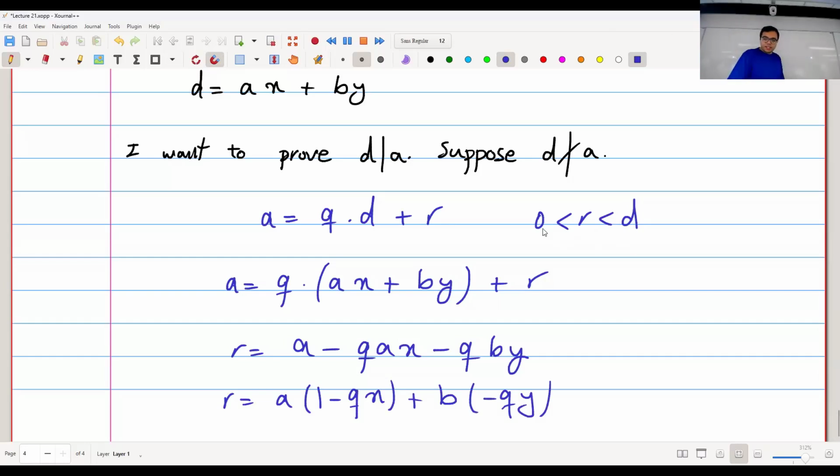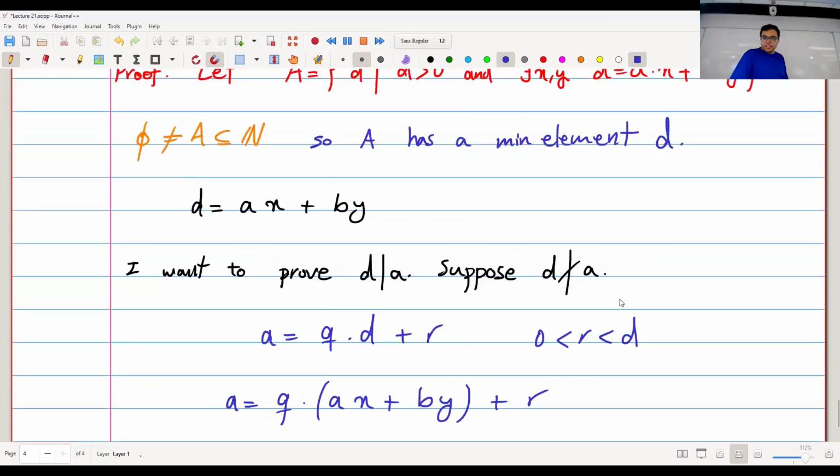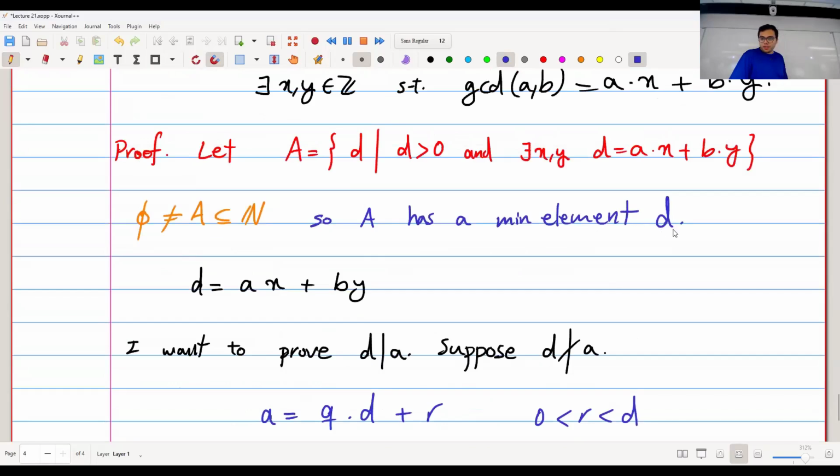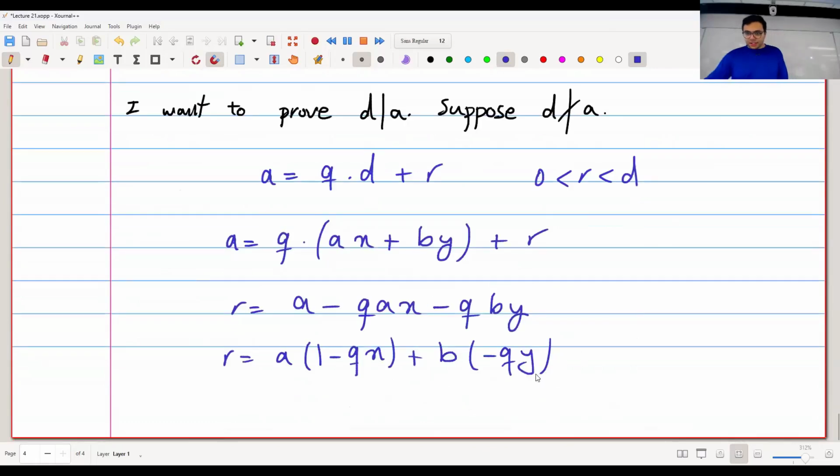But R is greater than 0, and it's also less than D. That's a contradiction with the definition of D. D was supposed to be the smallest number that can be written as a combination of A and B, right? So this is a contradiction. Where did this contradiction come from?